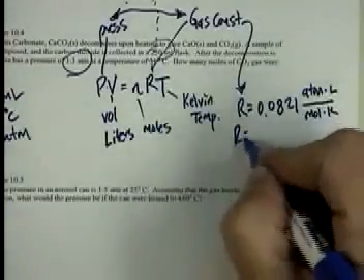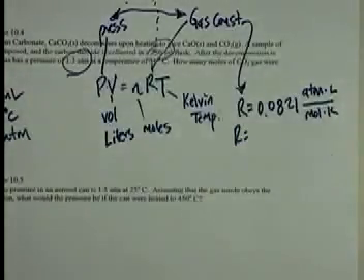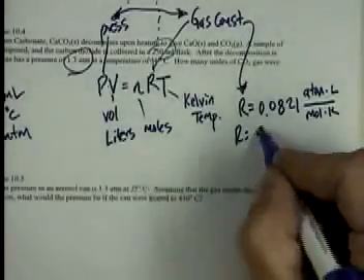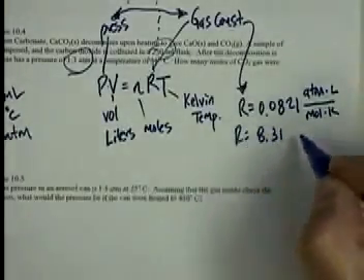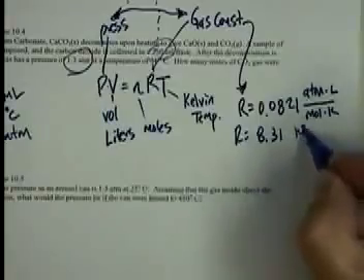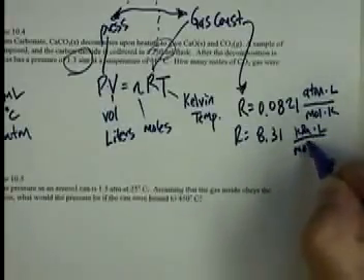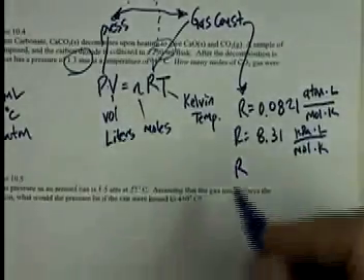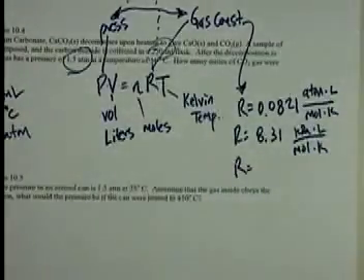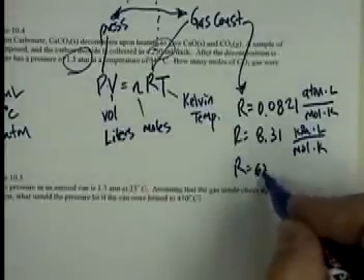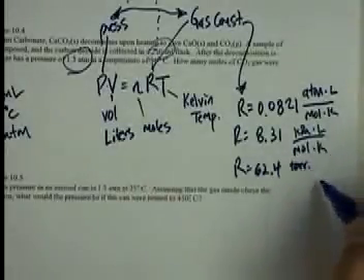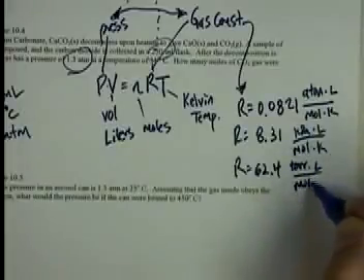Another way to write the universal gas constant in terms of kilopascals is 8.31 kilopascals times liters per mole times Kelvin. And lastly, the other way to write it is in terms of torr or millimeters of mercury, and this is 62.4 torr or millimeters of mercury times liters per mole Kelvin.